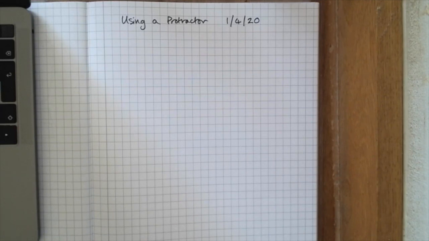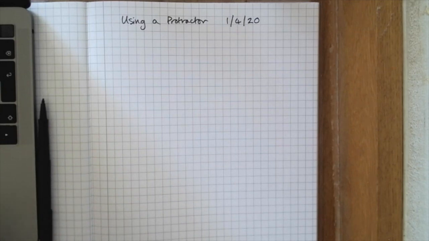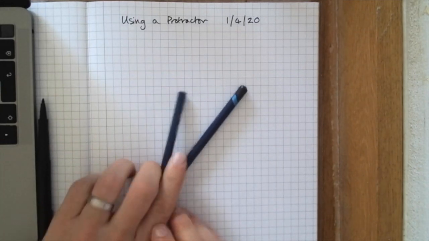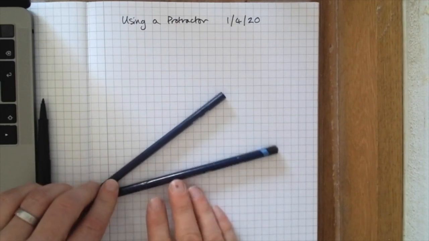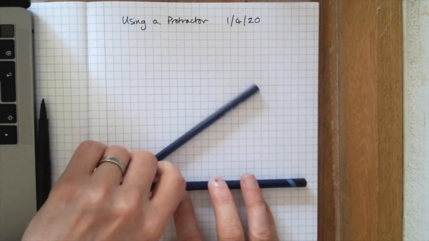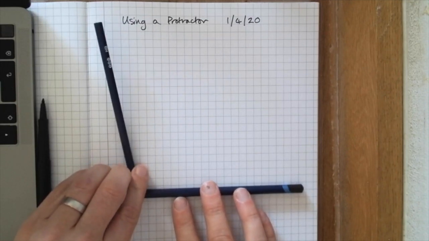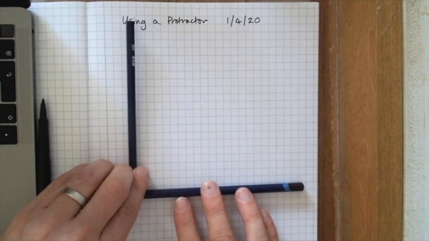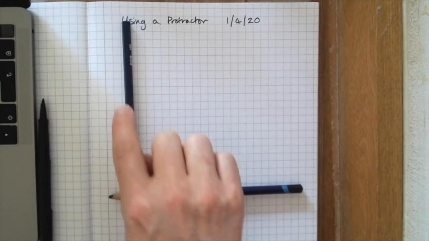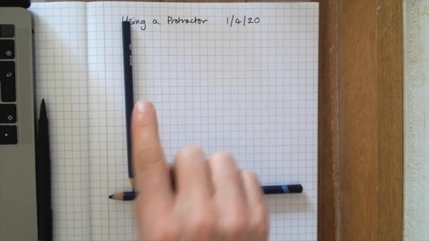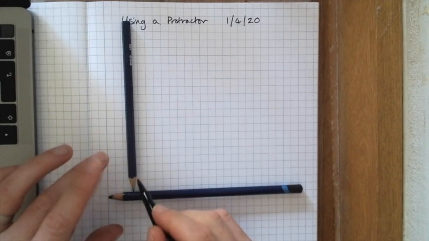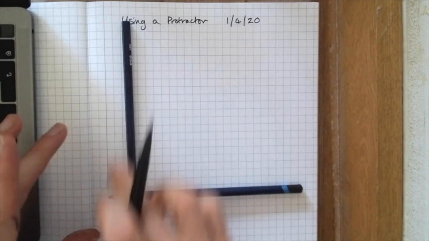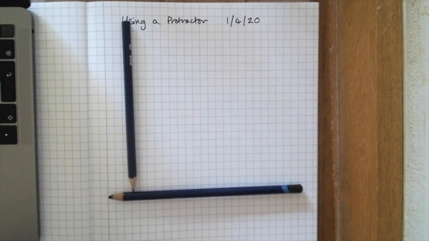First thing we're going to think about before we even start is angles and what angles really are. I'm going to demonstrate angles using two pencils here. So I've got two blue pencils. If I put them like this, you would see that they make an L shape, a perpendicular L shape. Many of us will already know that this L shape is what we call a right angle.